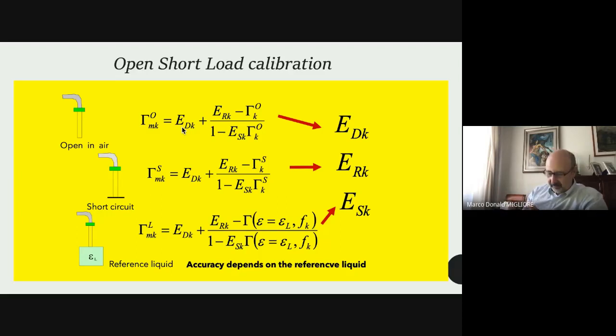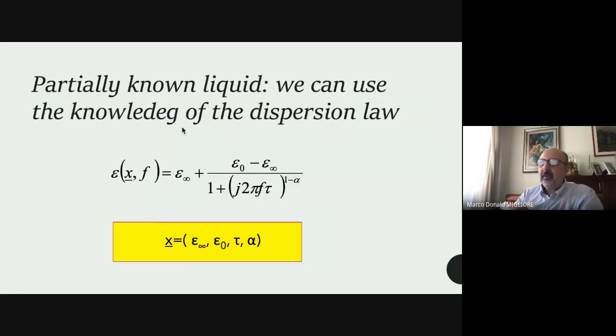And a possible information is the dispersion law of the liquid. And the most part of the reference liquids have a dispersion law that is basically this. It's a standard dispersion law. We have also this parameter to have another degree of freedom.